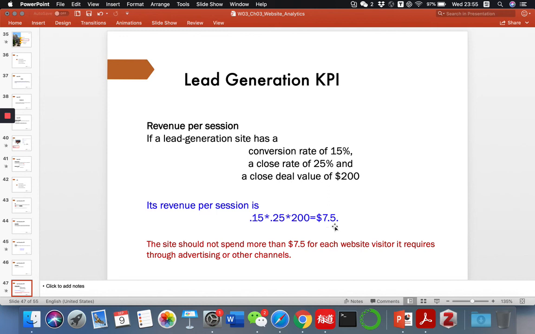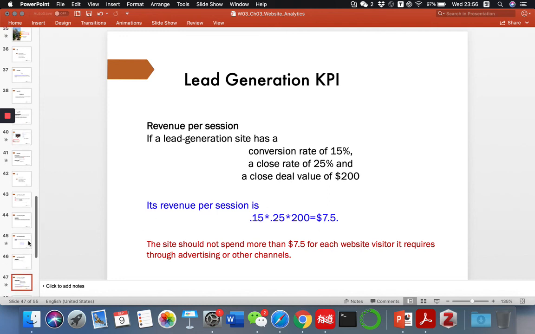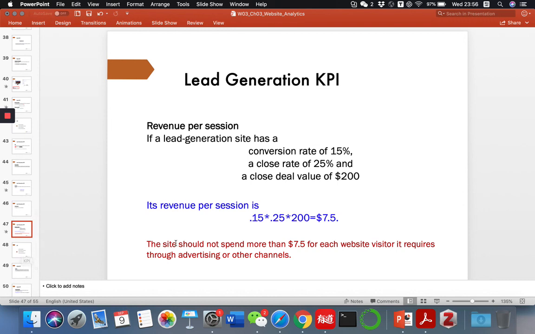So what you spend on this session should not be larger than this number, right? It's very obvious. For instance, if you only get $7.5 from every session but you spend $10 for each, you're going to lose $2.5 for each session. That's a big loss, right?